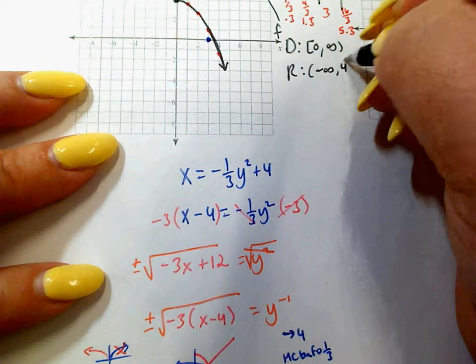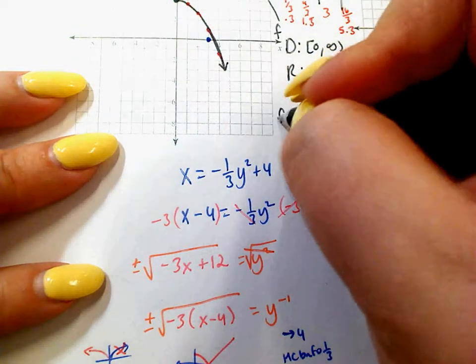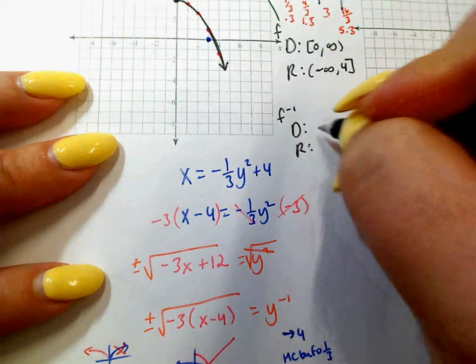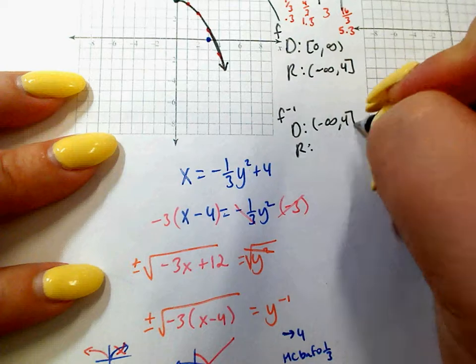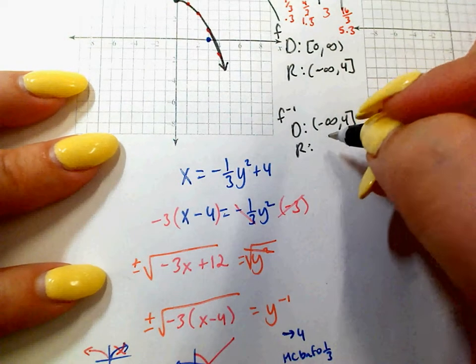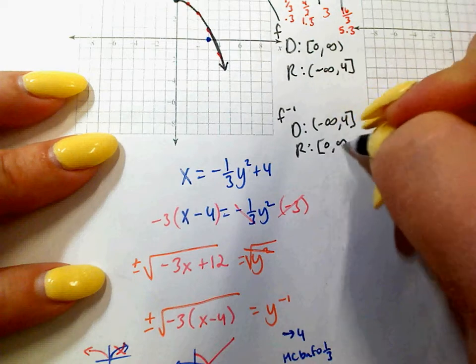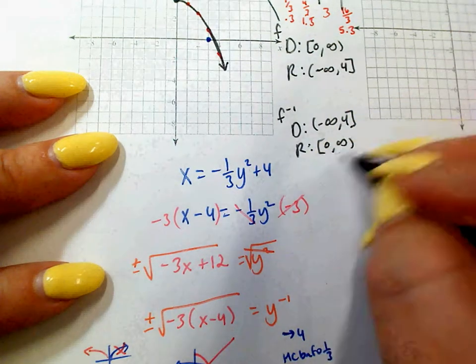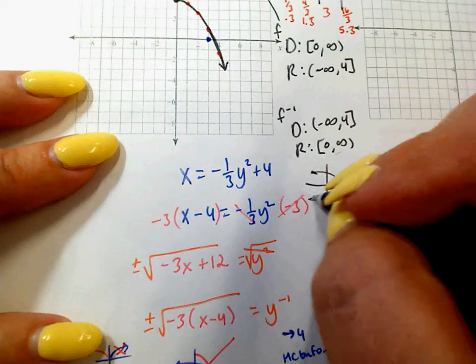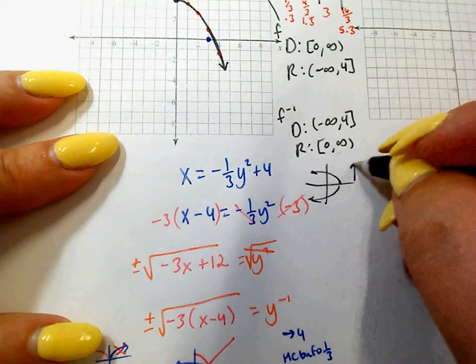Well, that means no matter what my inverse is, I already know its domain and range. I know that the domain is negative infinity to 4, and I know that the range is 0 to infinity. So the range tells me whether I'm the positive square root or the negative square root. I'm 0 and up, which means I have to be the positive square root. Okay?